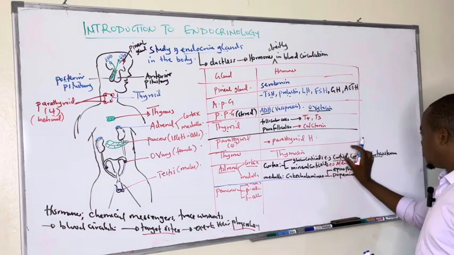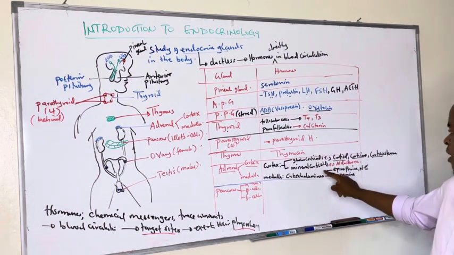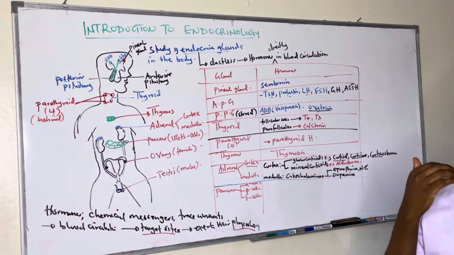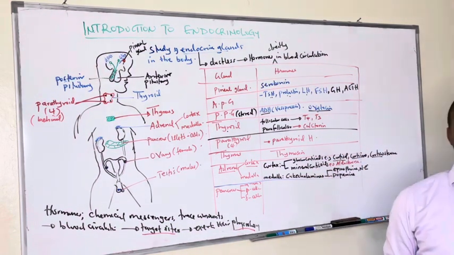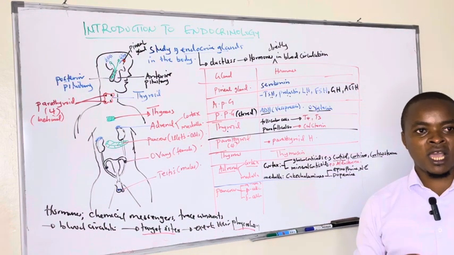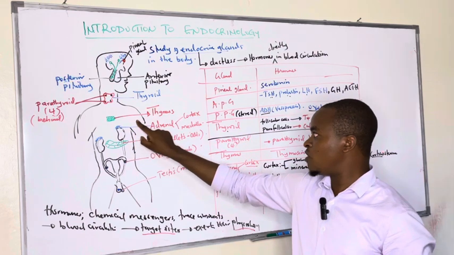But apart from the adrenal cortex producing glucocorticoids and mineralocorticoids, it also produces trace amounts of progesterone and estrogen. That's why you see even males have estrogen in their blood. Why? Because this estrogen is produced by the adrenal cortex.